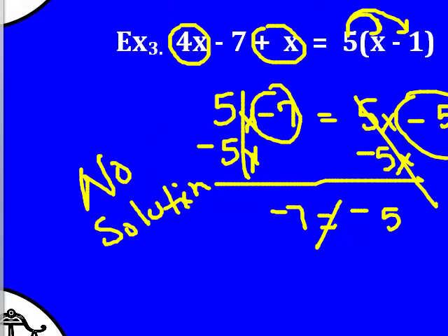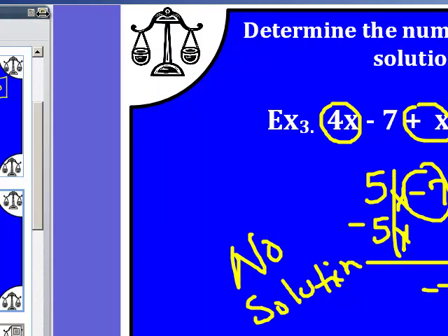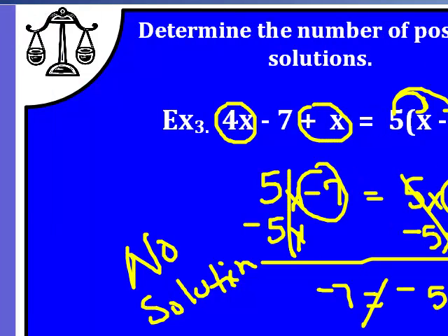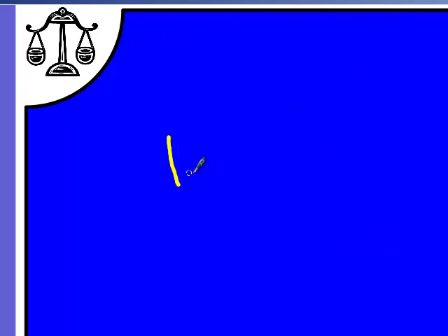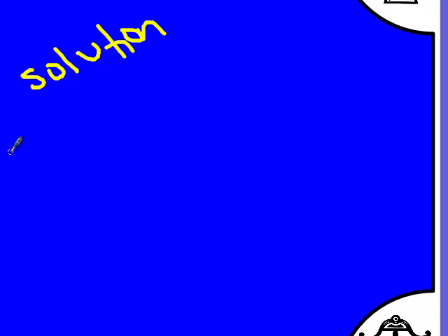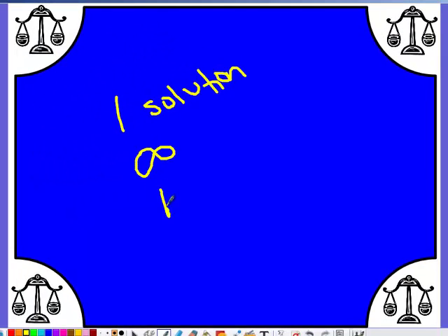So, when solving equations, your possibilities are one solution, where x actually equals a number, infinite, that means you can put any value in, or you have no solution.